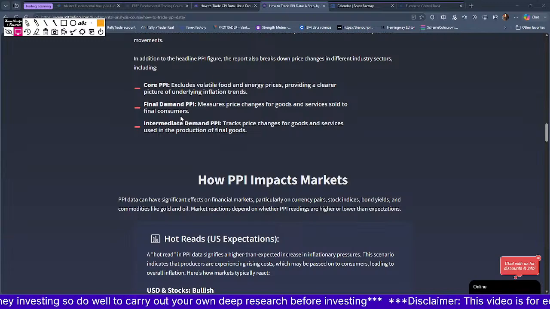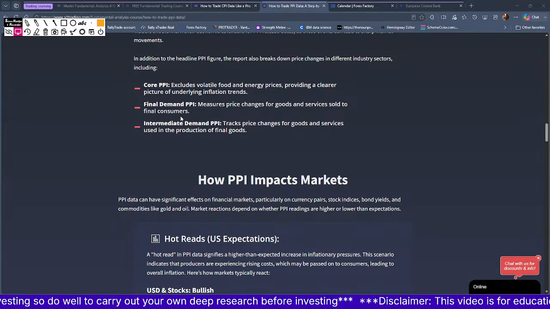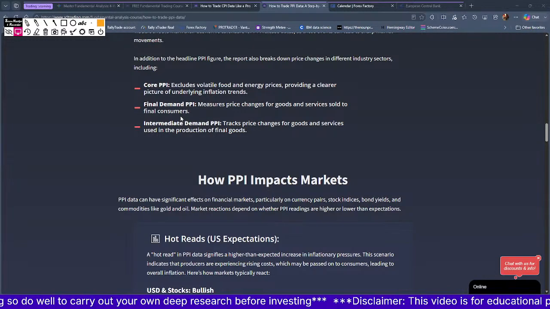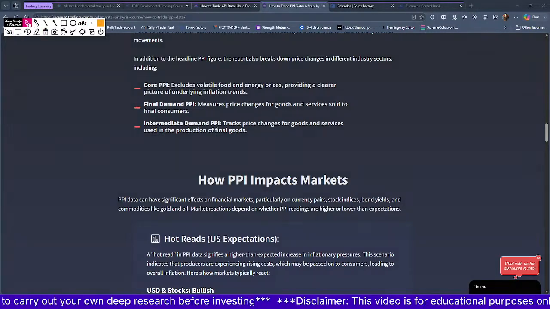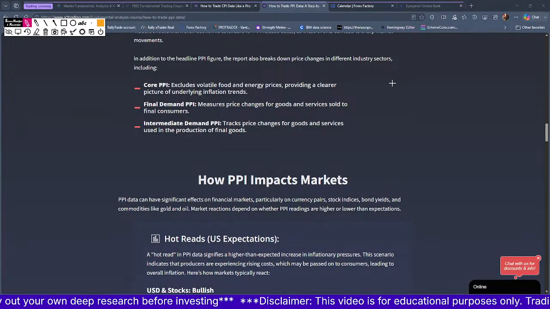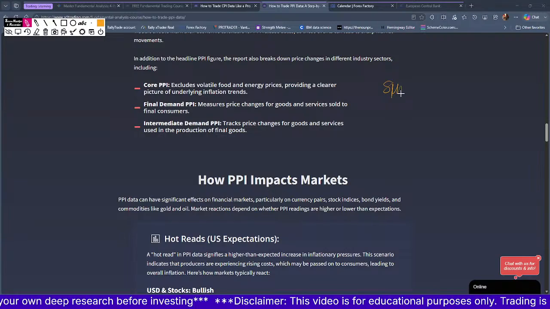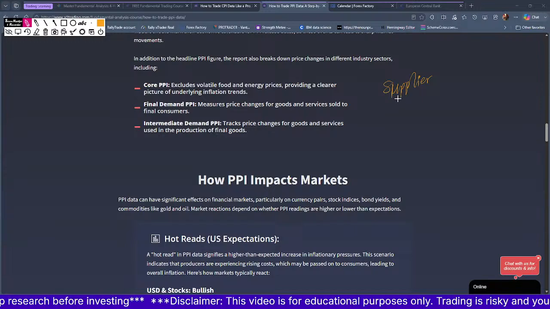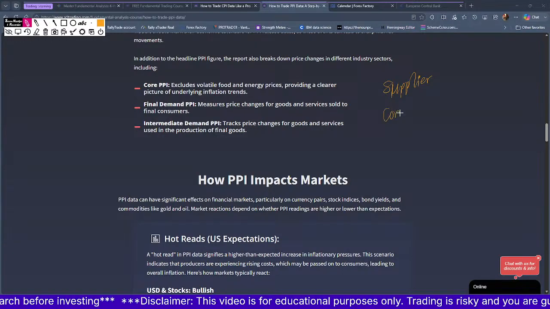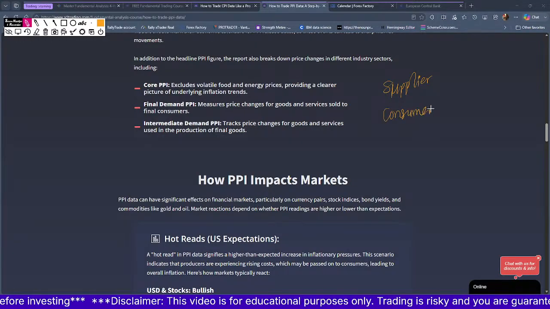So, for example, your iPhone. When they sell an iPhone directly to you, it has a different price from the amount they sell to a supplier. So suppliers get a different amount, and then the actual consumer gets a different amount.